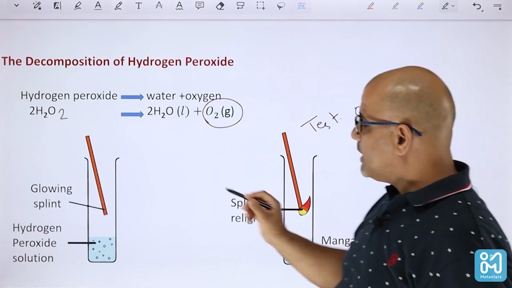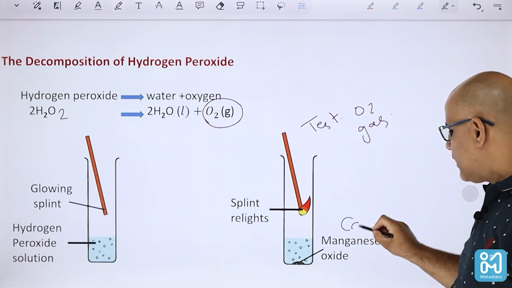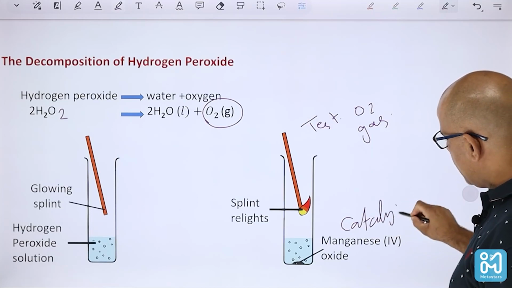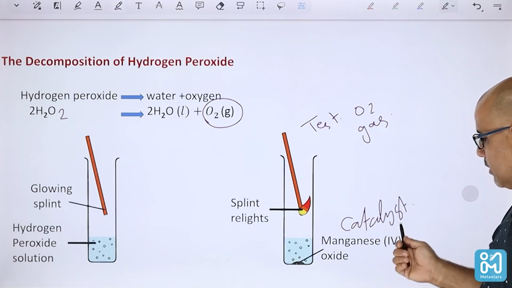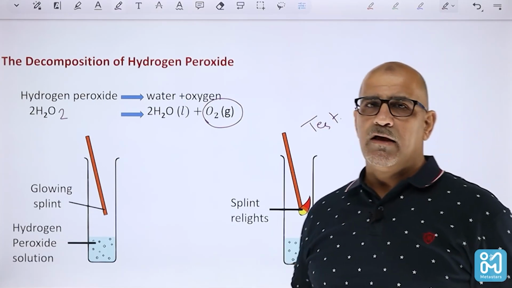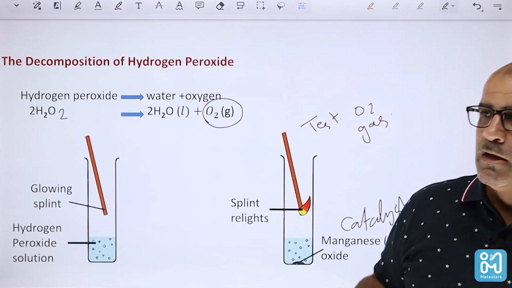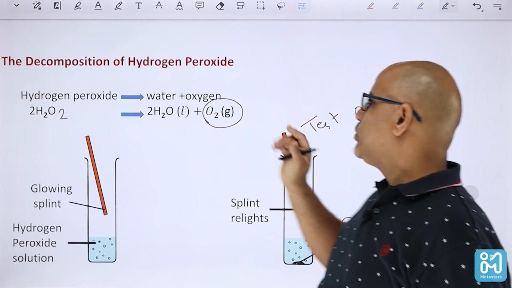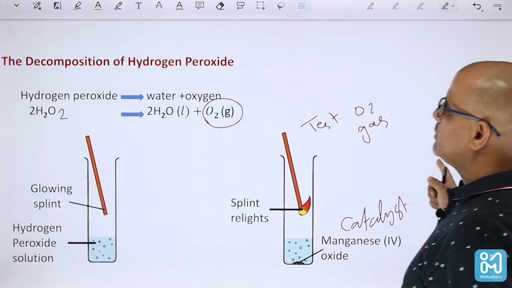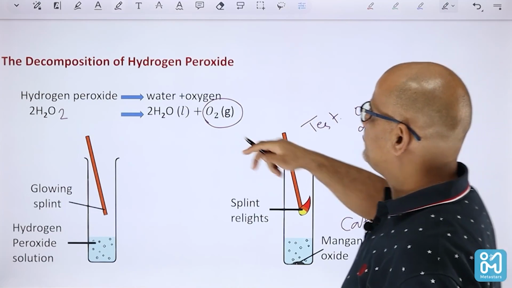So this indicates that in the presence of the catalyst, like one of the transition metal compounds, like manganese(IV) oxide or any other transition metal compound, the hydrogen peroxide was decomposed to water and oxygen.